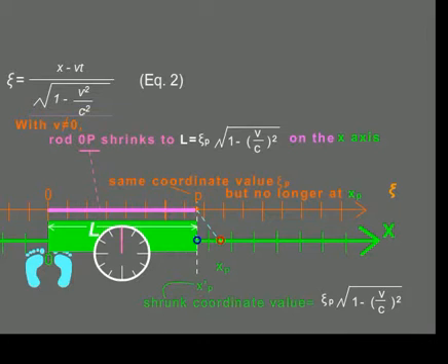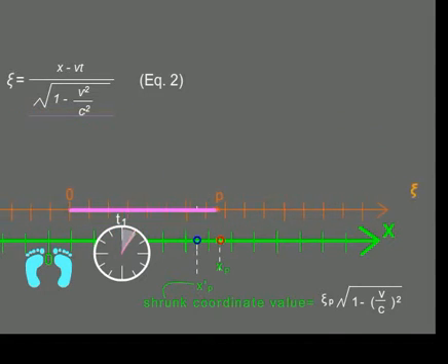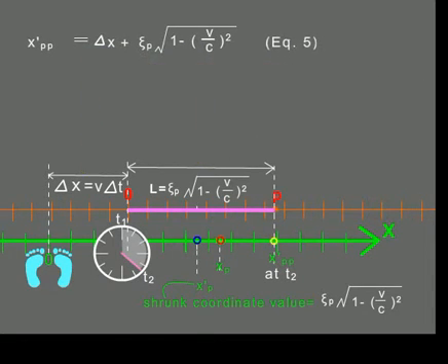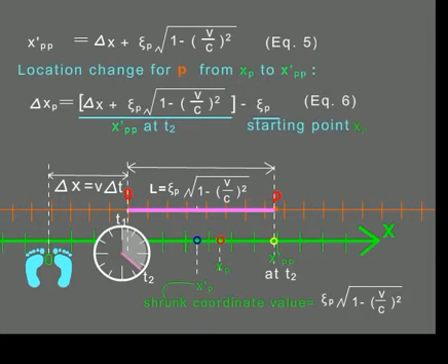At t2, with the distance of delta x that the origin of the c-axis has completed, point P should locate itself on the x-axis at a point indicated by equation 5. Subsequently, the location variation of P along the x-axis is indicated by equation 6.